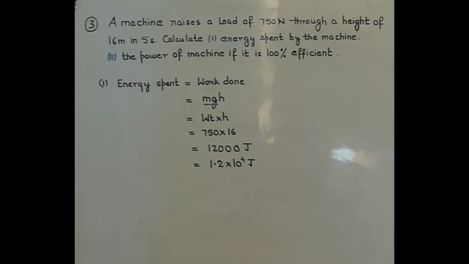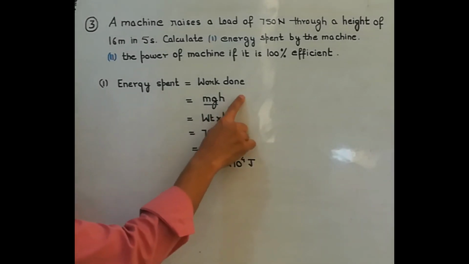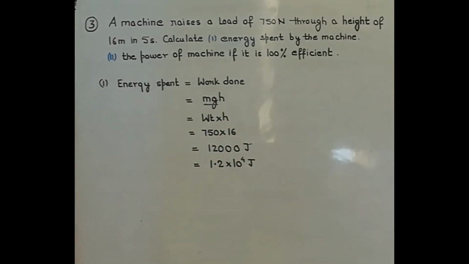Now coming to the second part, the power of the machine if it is 100% efficient. Okay, here we have calculated work done. Now this is the work done by the machine. So you will say this is work output. So from work output we can calculate power output.